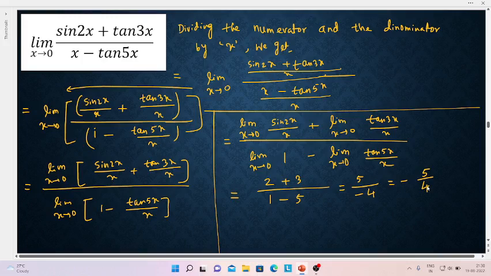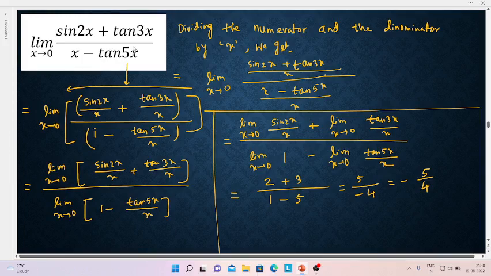So have you understood what I am trying to say, and have you understood the solution? This is a very interesting and very easy question. You have to first check whether the substitution method works or not.